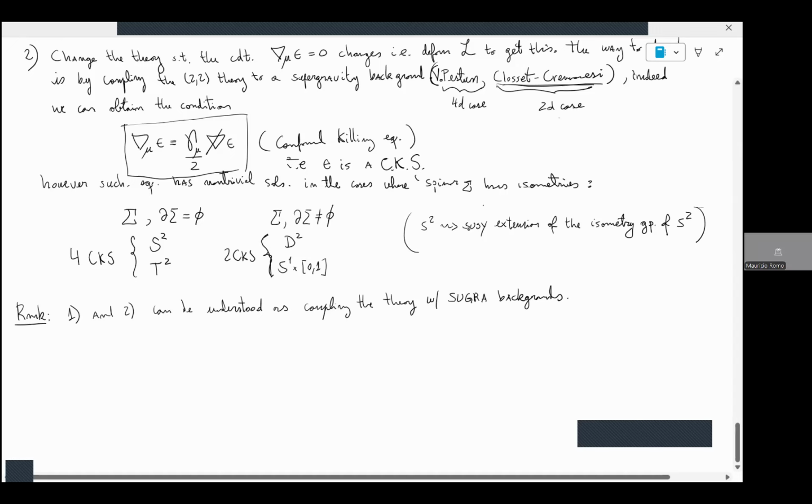So, in other words, maybe that was something that I can tell you since you seem to be more familiar with this. In this case, you deform the Lagrangian, but of course, you also have to deform the algebra.